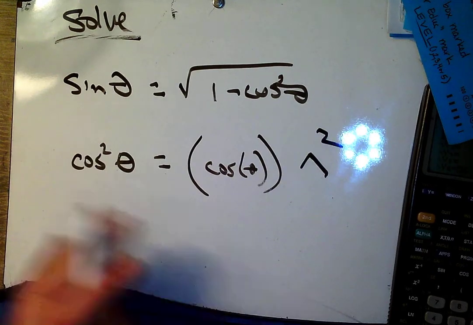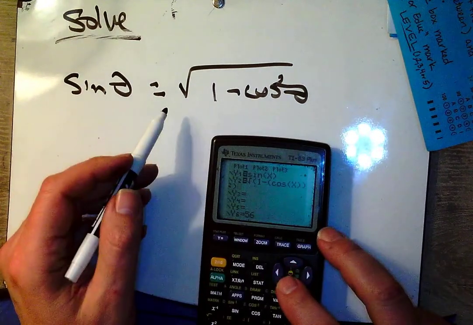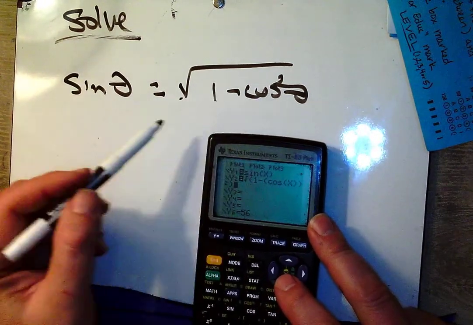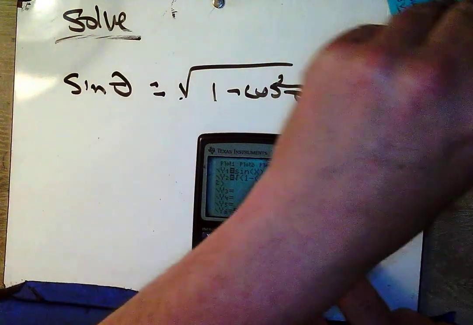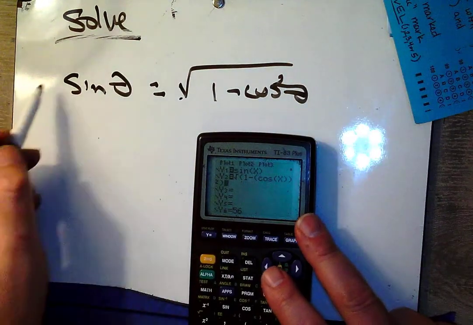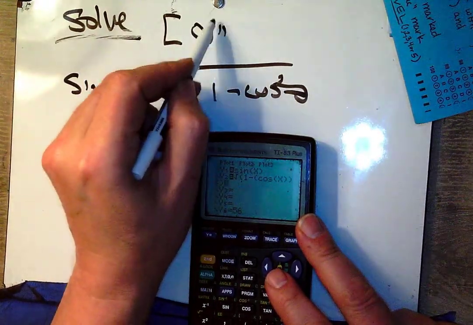Okay, so we've got sine in y1 and, in y2, square root of 1 minus cosine squared. And we're supposed to look at 0 to 2 pi, not negative pi over 2 to pi over 2.